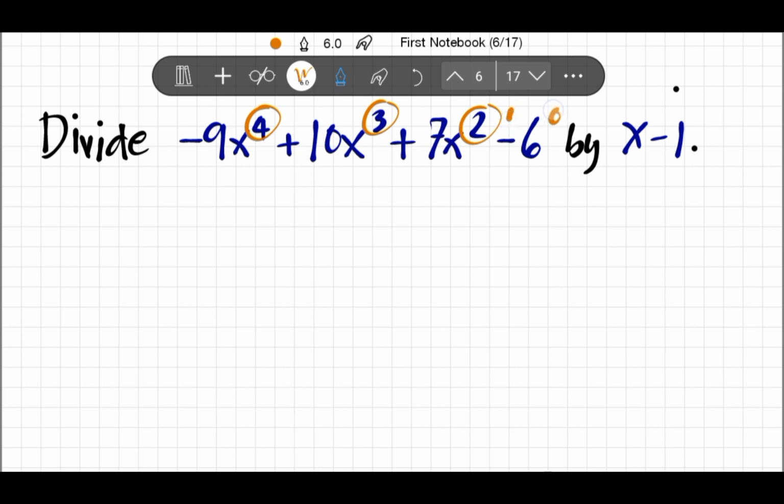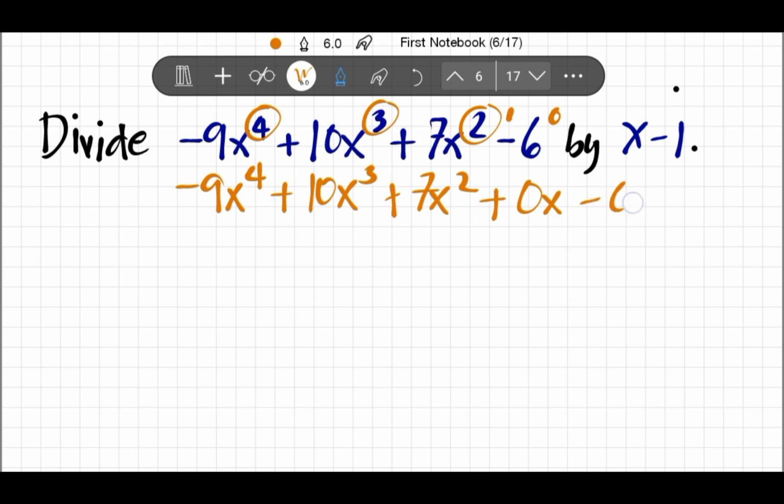And so this is 0. So you need to rewrite the given dividend: negative 9x to the 4th plus 10x cubed plus 7x squared plus 0x, since there is no term with x raised to 1, and negative 6. So this is now the new dividend written in standard form.